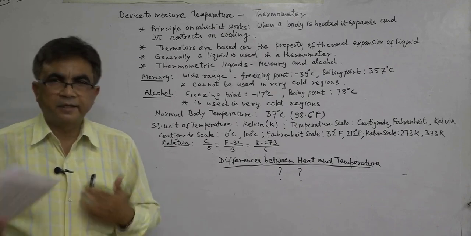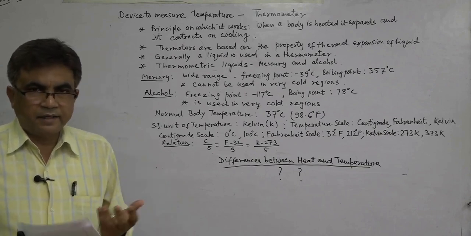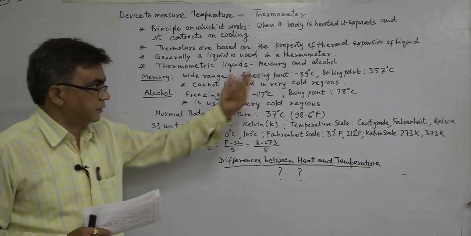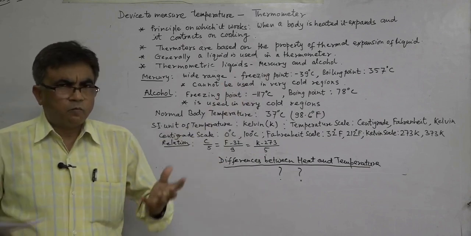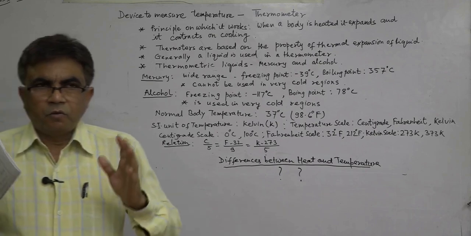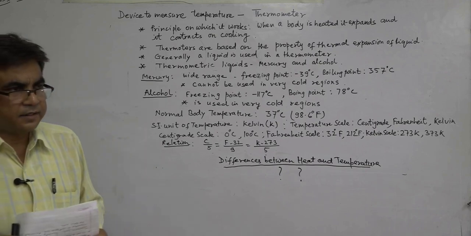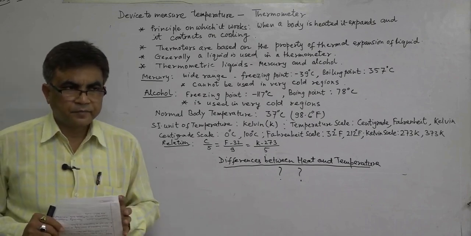Name the thermometric liquids. Simple answer again, either mercury or alcohol. Now why mercury? The question arises in our mind, why is mercury chosen? There is a cause behind that.